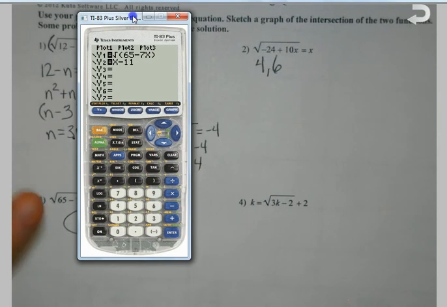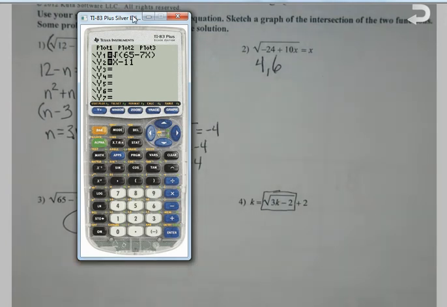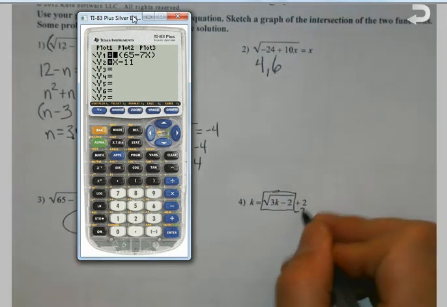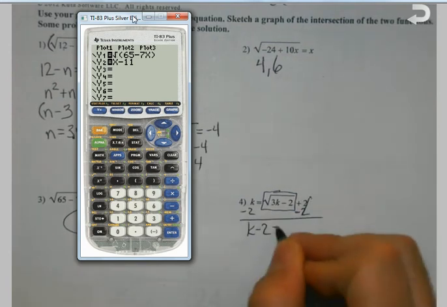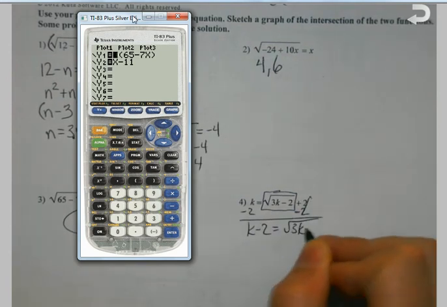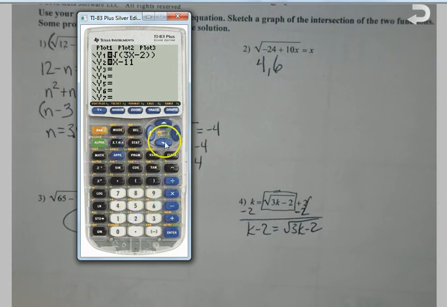And then my only other suggestion that would be a necessary thing is that you want to isolate your radical terms before you put them in the calculator. So on a problem like 4, you're going to want to subtract 2 from both sides first. Then you can feel free to go ahead and pop that into the calculator.